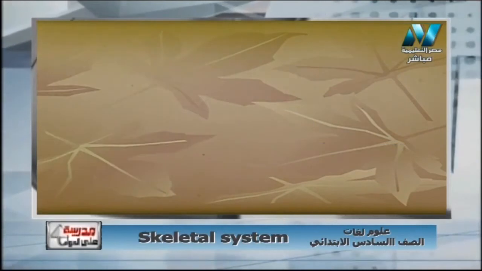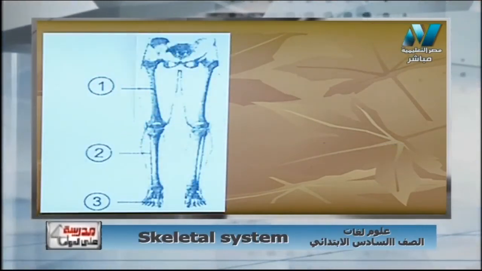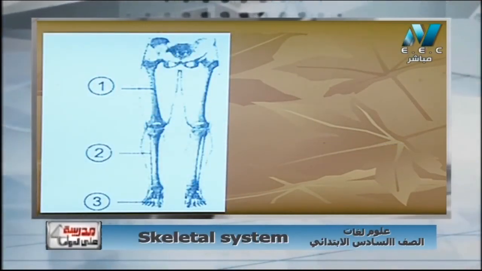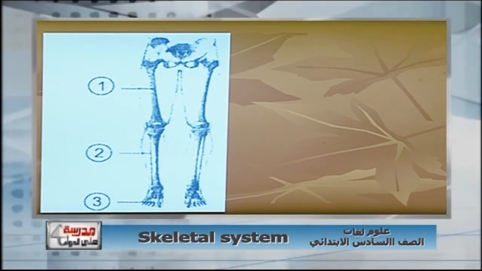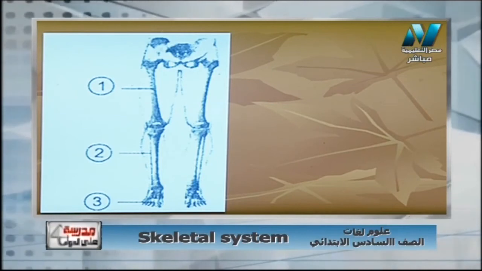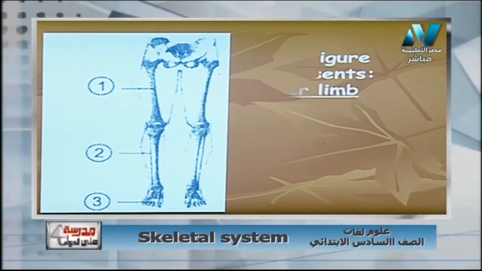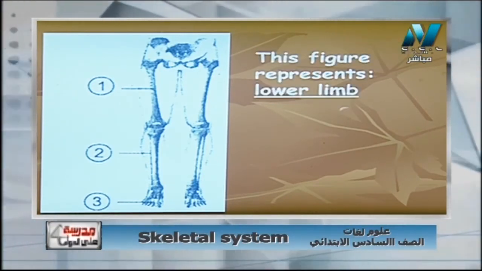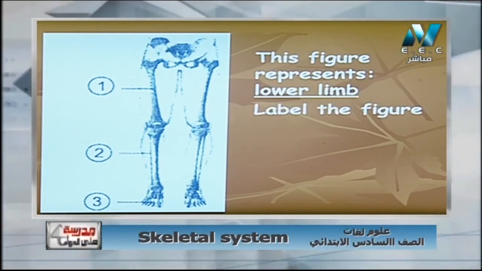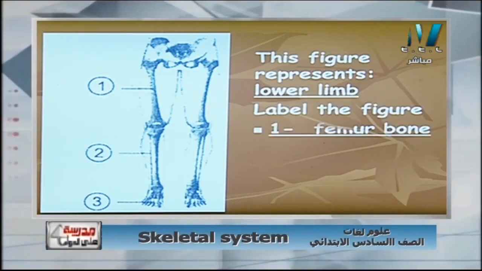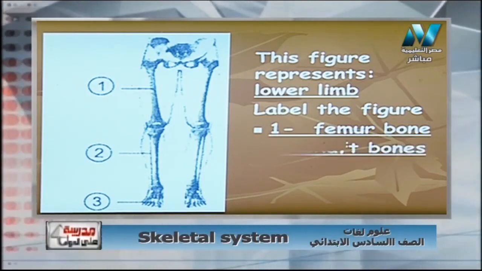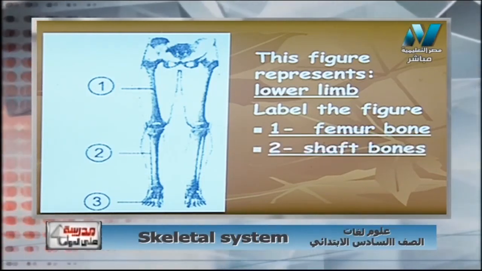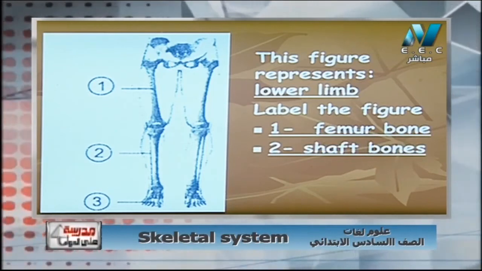Another image for practice. That is the image of the lower limb, أطراف السفلية أو عظام الأطراف السفلية, and we know that the lower limb consists of three main parts which are femur bone, العظمة بنسميها femur bone. العظمتين التانيين هما مش واحدة بس، بنسميها shaft bones.